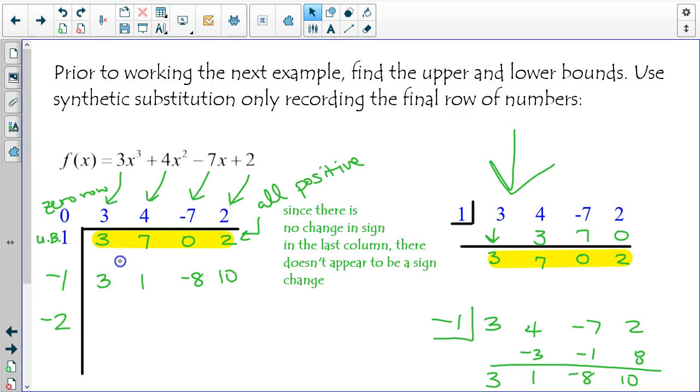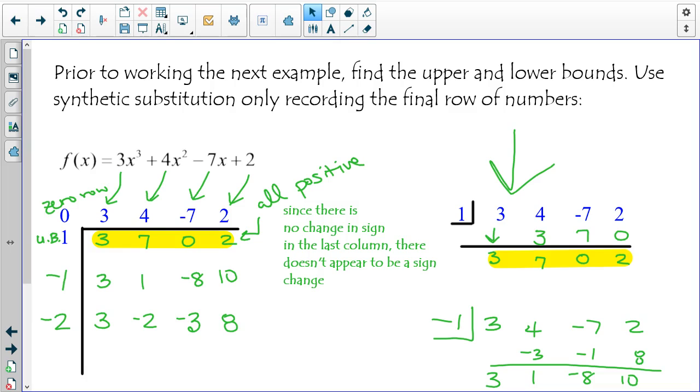All right. So now we're going to try negative 2. Go ahead and do the work over here. I'm just going to do it over here like I normally would, but go for it, okay? Negative 2 doesn't work. Does it?